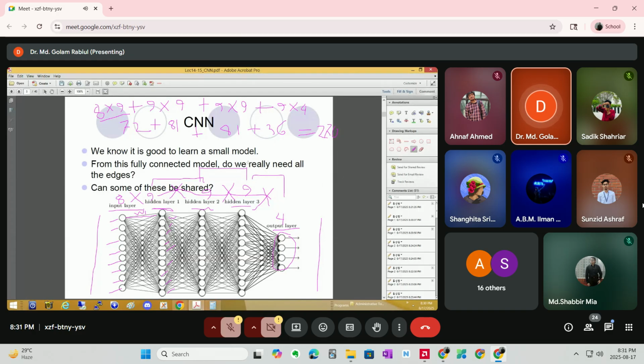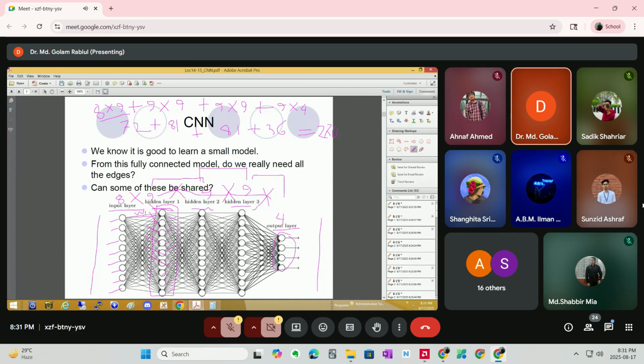In addition to this, we also need to consider the bias. It's a constant, and we have to add a bias for each and every hidden layer neuron and output layer neuron. Except the input layer, we have to consider the bias. Each and every neuron has a bias.